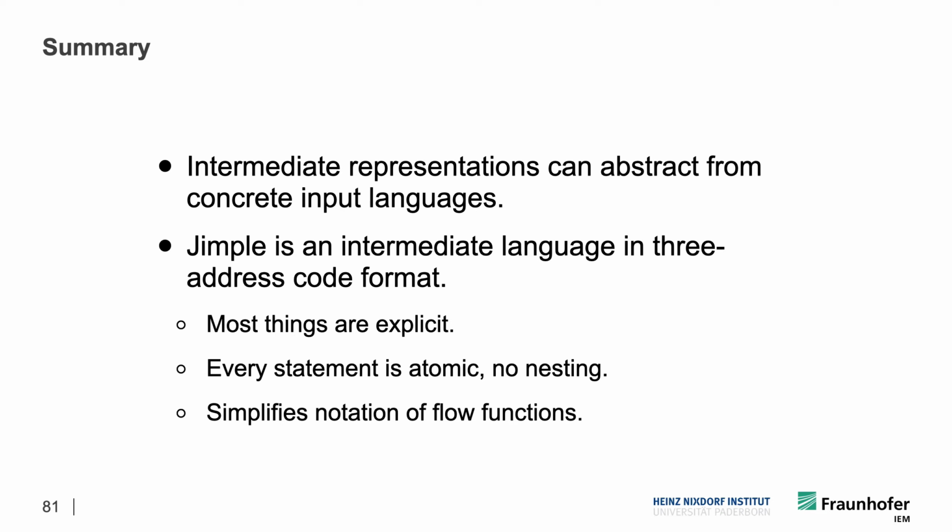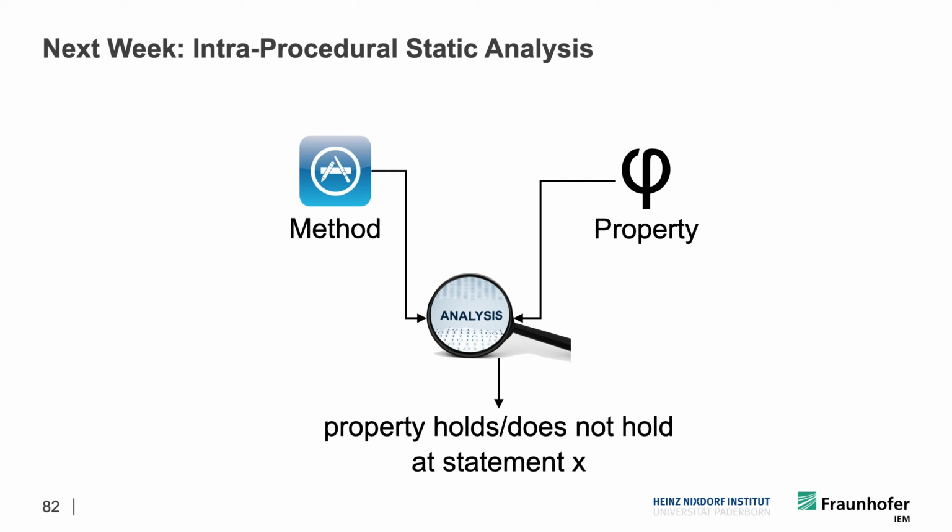And that's what we will be covering in the next week. So in the next week, we will be talking about intra-procedural static analysis. And that basically means we will have the following situation. So we will be given as input a method, like you see here, or a procedure or function, and also a property that we want to determine over this method.